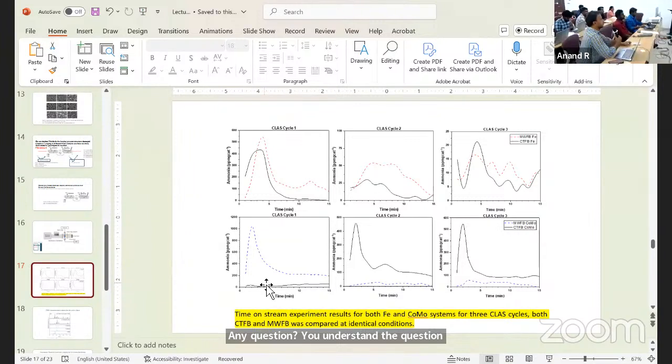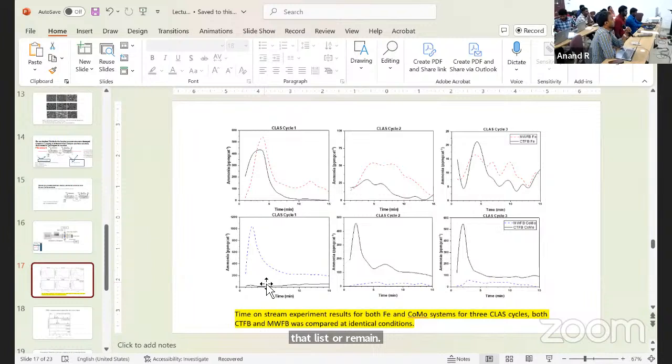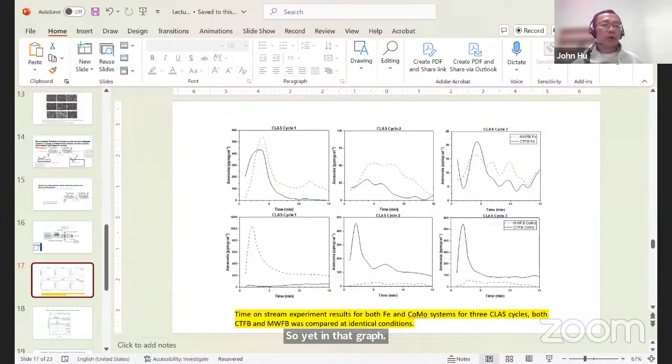Yes, sir. We understand your explanation, sir. So one thing, yesterday we discussed the lifespan of the catalyst, or the lifespan of the looping agent, what we are using as a basement. So here in that graph. Which graph? You say yesterday, which graph?